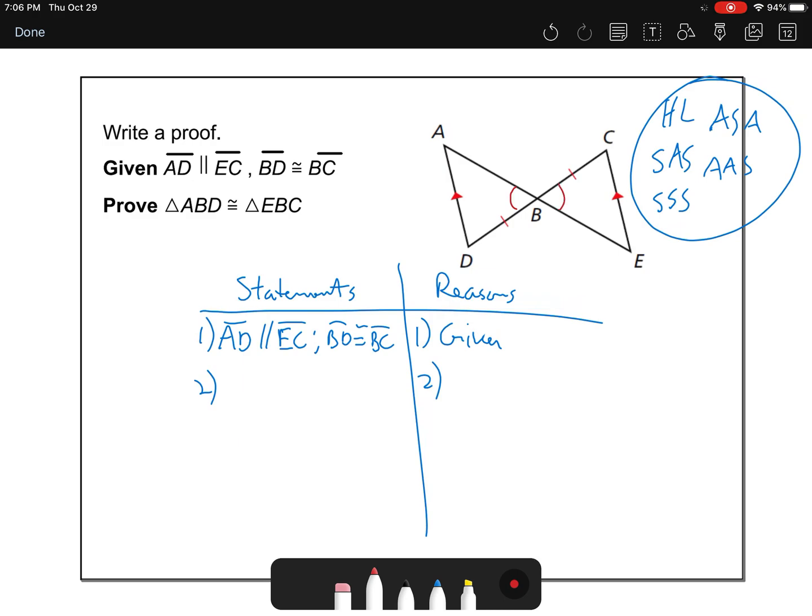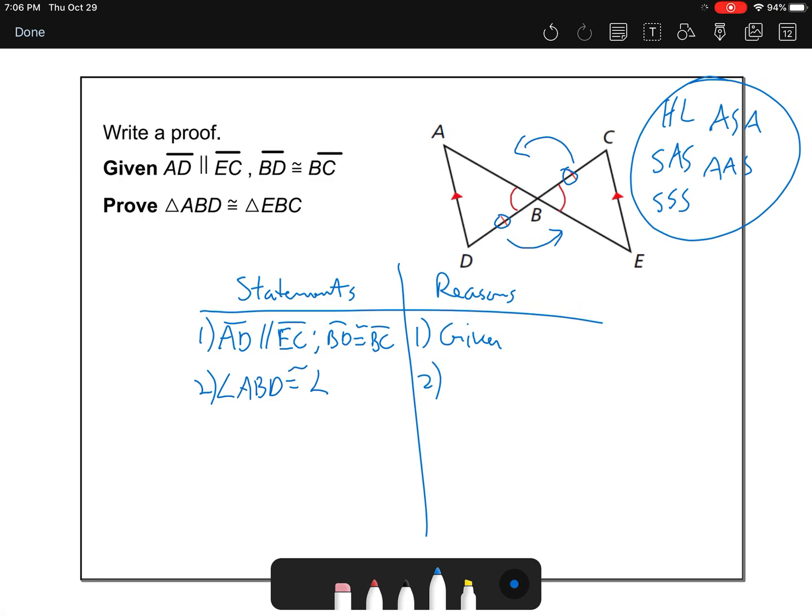But I see vertical angles. So I'm going to name those angle ABD is congruent to angle... Now, is this a fold over or is this a rotation? That's what you got to ask yourself. I believe it would be a rotation, right? So those would rotate, not flip, because you got to get these segments to match up. And they wouldn't match up by flipping.